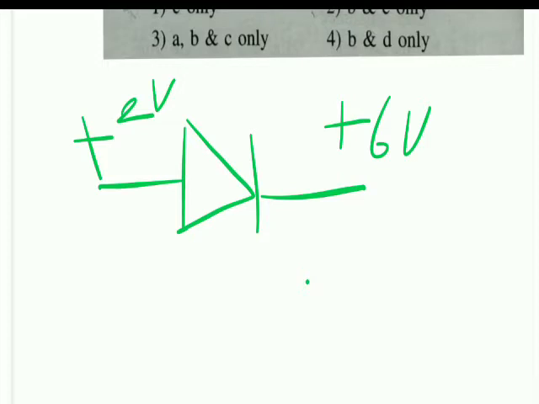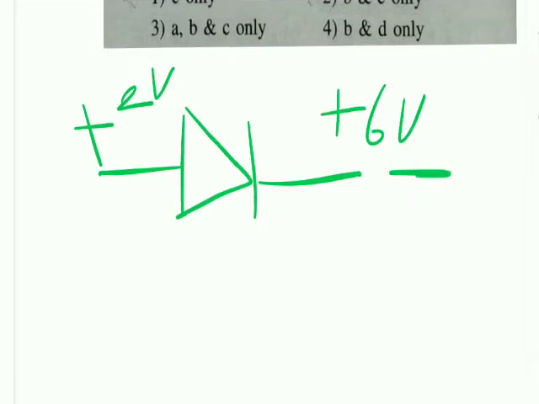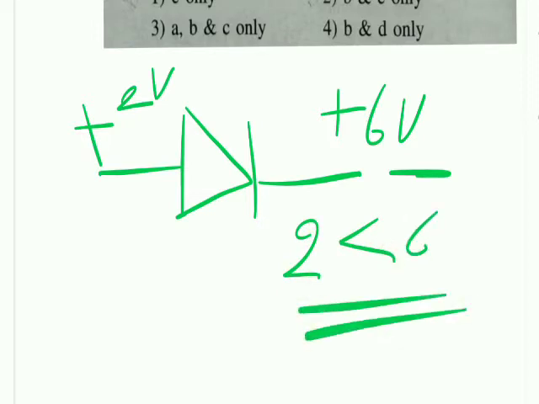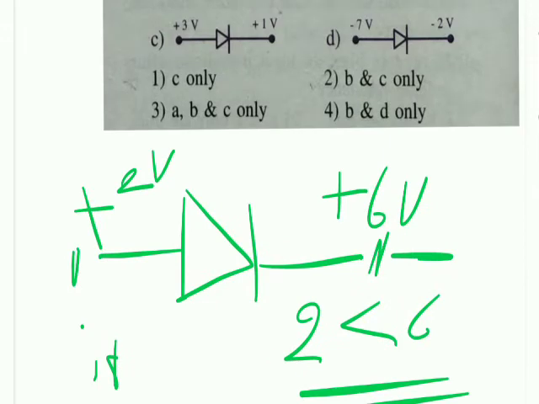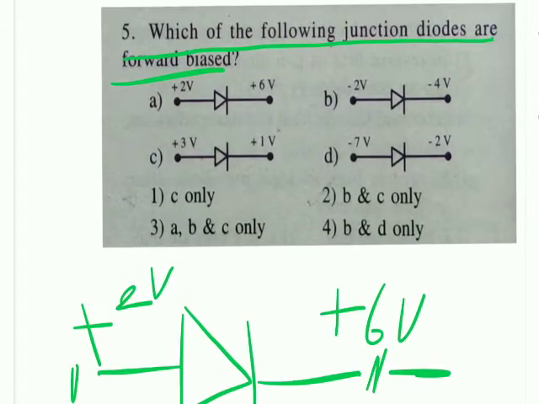Now here 2 is less than 6, so the negative side of the diode is connecting to high potential, and the positive side of the diode is connecting to low potential. So it is reverse bias of the diode. So option 1 is not correct.